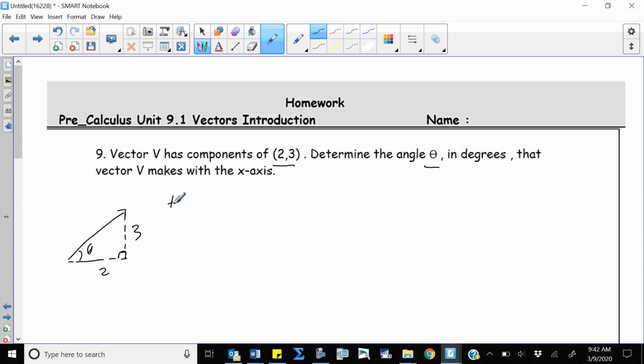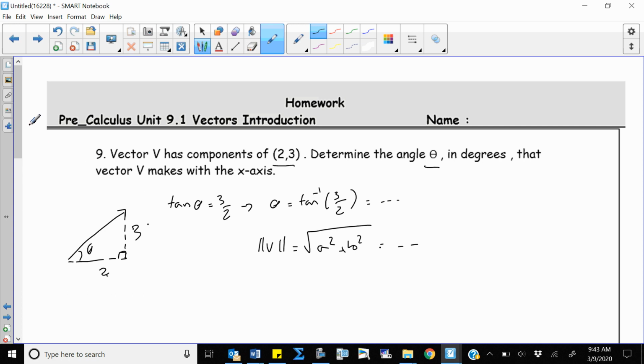We know that tangent of theta is opposite over adjacent. So it's 3 over 2. So from here, theta will be tangent inverse of 3 over 2. You can use your calculator to find the exact value of that. And to find the magnitude of v, you can just use the formula a squared plus b squared and find that.